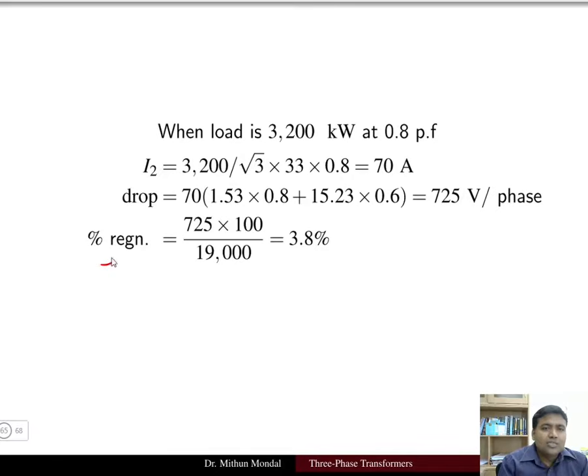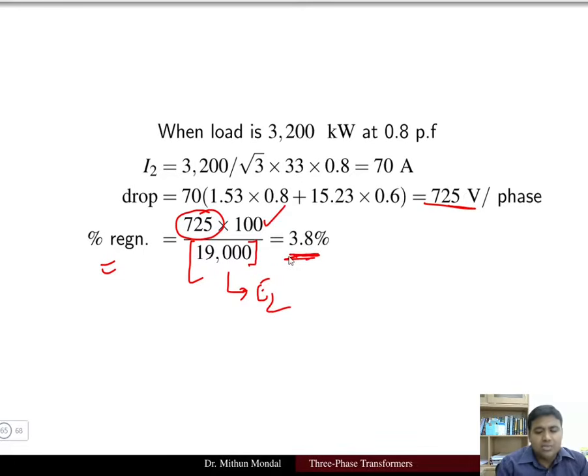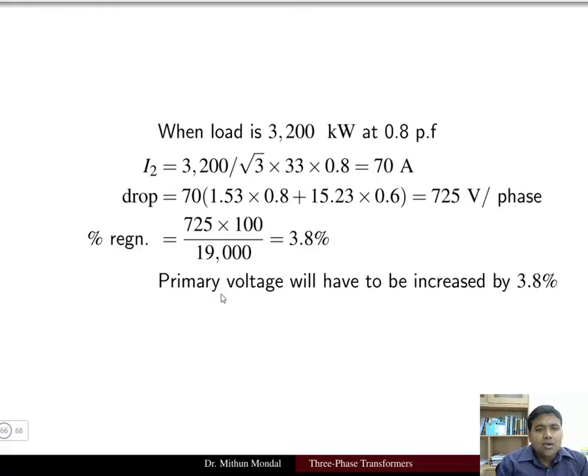Then the regulation you can calculate as the drop, 725 volt, divided by the net voltage E2 under the no load condition, into 100, which gives you 3.8%. Now the primary voltage will have to increase by 3.8% because the regulation is 3.8%.